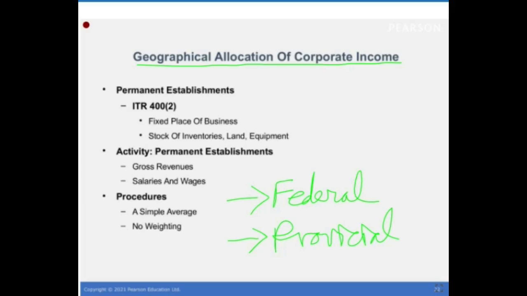But what if it's a Canadian corporation, so they're going to pay federal tax in Canada. But what about provincial tax? If they're operating in multiple provinces, how do we determine how much they're going to pay for provincial tax?